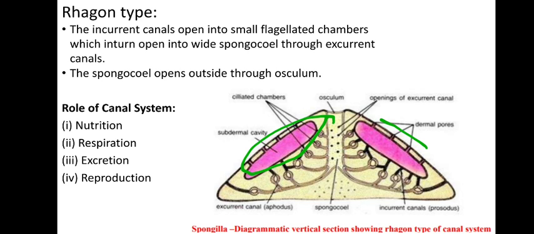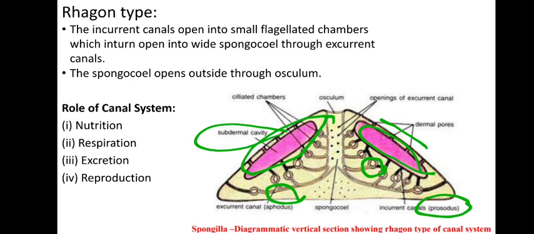Instead, it comes to a chamber called the subdermal cavity, and from those subdermal cavities the water passes through the incurrent canal, which here is called prosodus. Then it comes to the flagellated chamber, and from there through the excurrent canal, called aphodus, it moves to the spongocele.